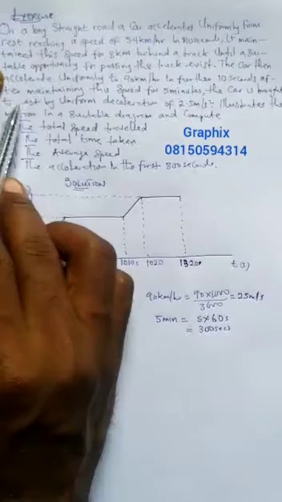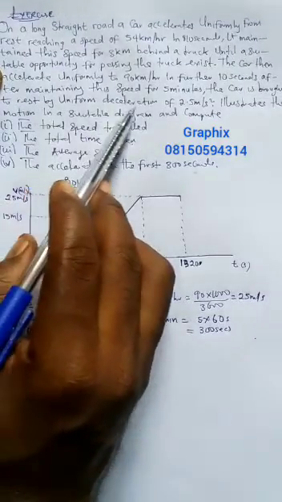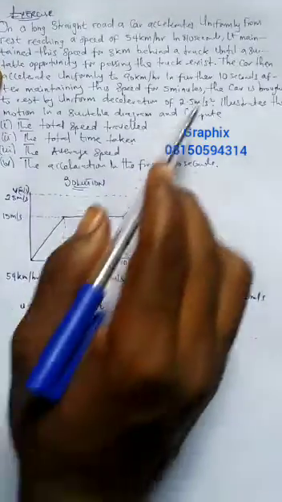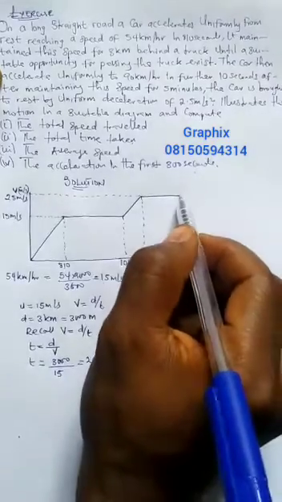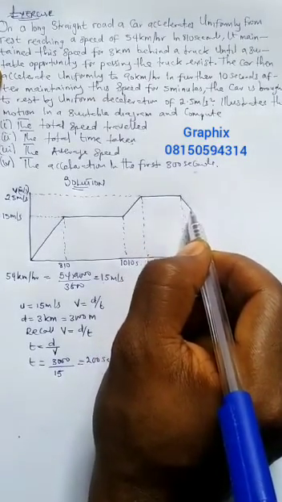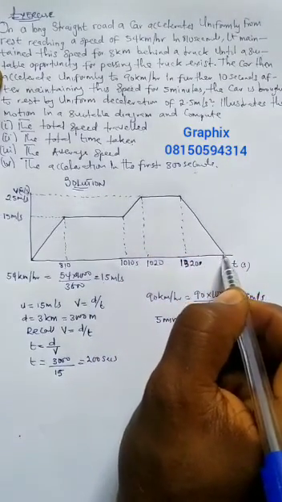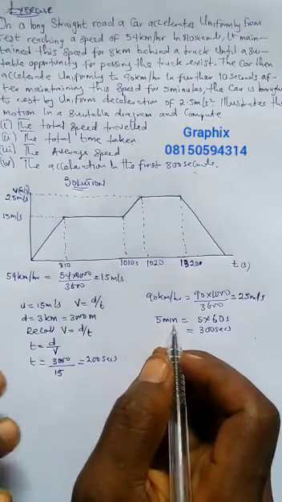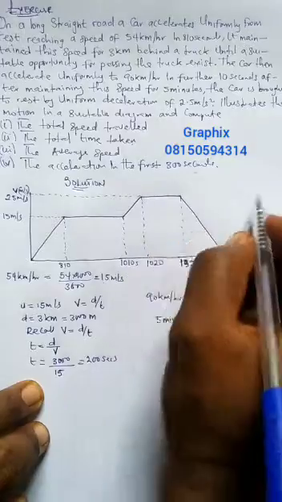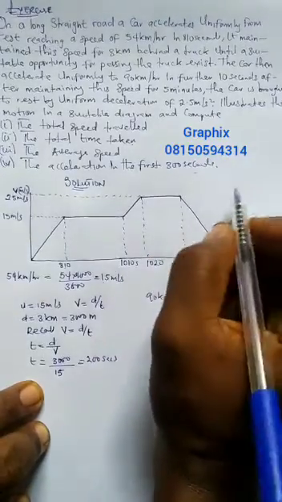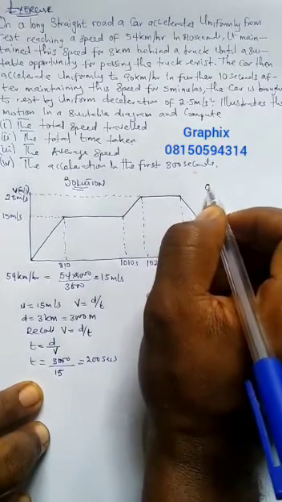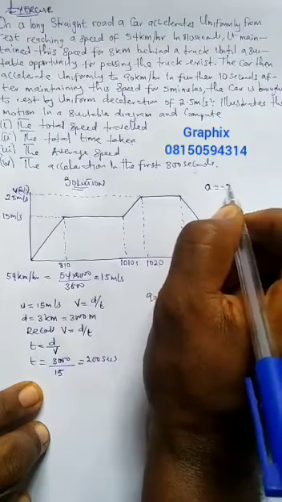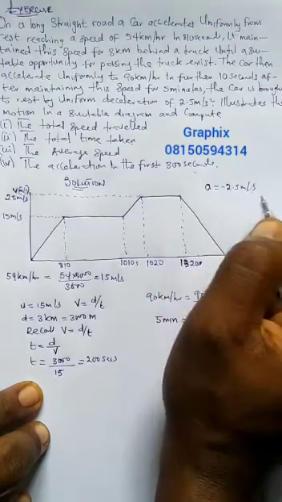The car is now brought to rest by uniform deceleration of 2.5 meters per second squared. You know very well that it is brought to rest by uniform deceleration. That means my a will be minus 2.5 meters per second squared.